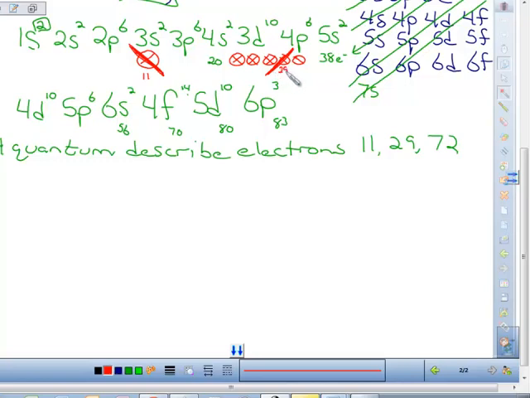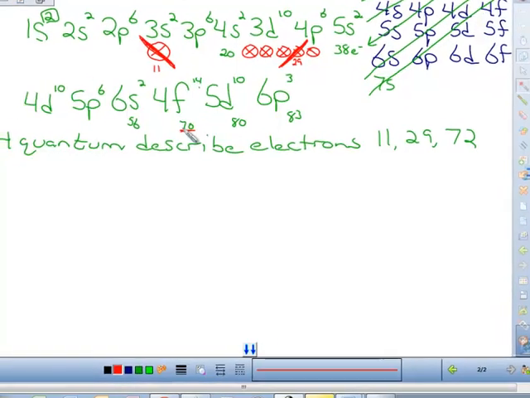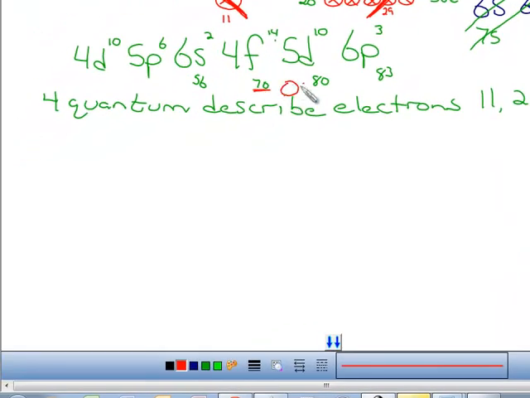And then the last one's going to be number 72. Okay, right here 70 after the 4f14. So I'm going to go ahead and look here. Again, number 71 is right there. And then this one's going to be number 72. Now again, I know it looks like this because all 10 of them are placed. But my 72 is going to be right in there.